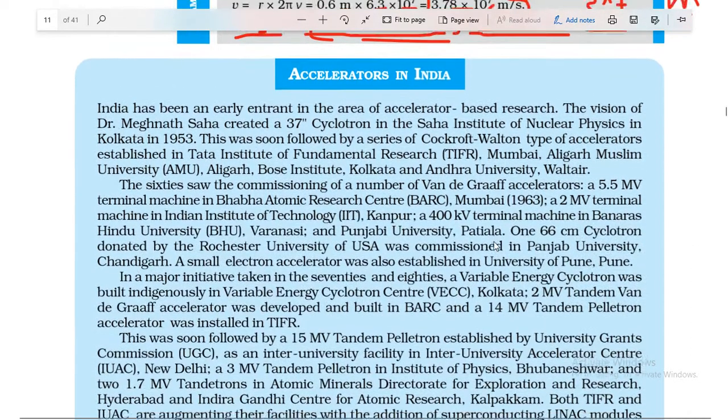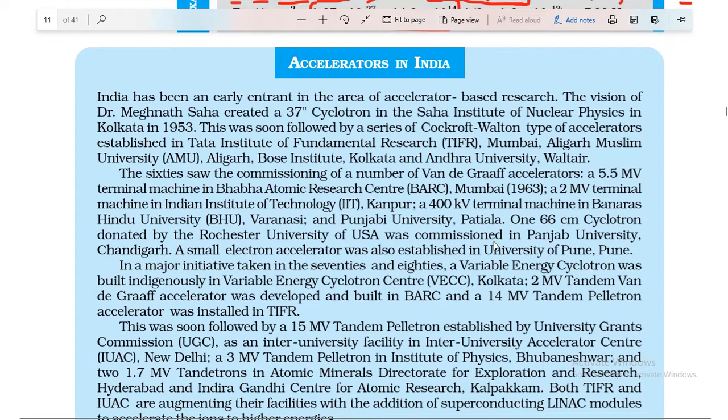Now, accelerators in India. You can read this paragraph about accelerators which are available in India. India has been an early entrant in the area of accelerator based research. The vision of Dr. Meghnad Saha created a cyclotron in Saha Institute of Nuclear Physics in Kolkata in 1953.